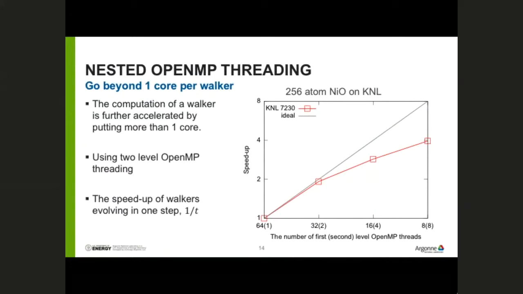No, it's not a throughput. If you have 1 core working on 1 worker, your time is 1. And if you have 8 cores working on 1 worker, your linear behavior will get an 8 times speedup. But because it's not perfect, you will reduce the efficiency. But that loss is estimated to how much? It's 50% loss at 8 threads. You don't need to go there for this problem size.